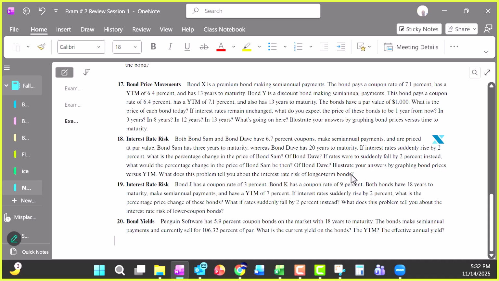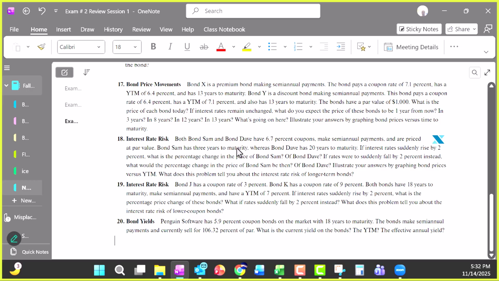Let's do this interest rate risk one. Both Bond Sam and Bond Dave have 6.7% coupons, make semi-annual payments, and are priced at par value, which means face value is equal to the price, or coupon rate is equal to the discount rate.